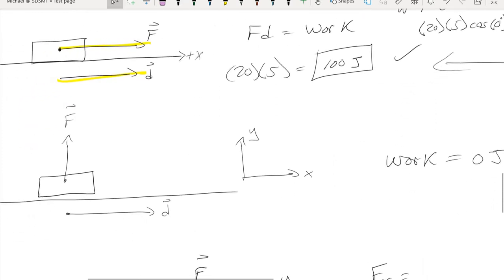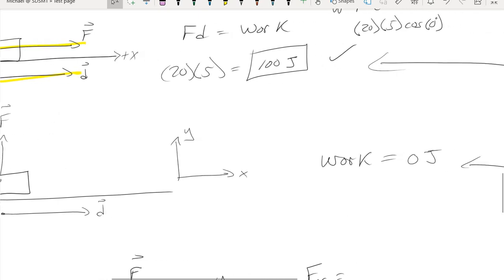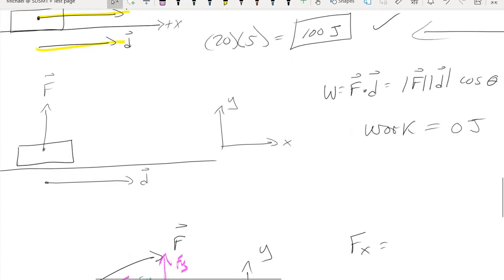For the next one, this is the case where our force and our displacement vector were at a 90-degree angle with respect to each other. Work is F dot D. We evaluate by taking the magnitude of each vector times the cosine of the angle between them. Now, regardless of the magnitudes of these two vectors, what's the angle relationship between these two vectors?